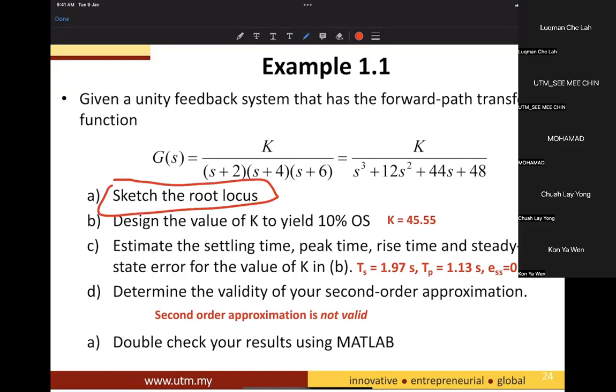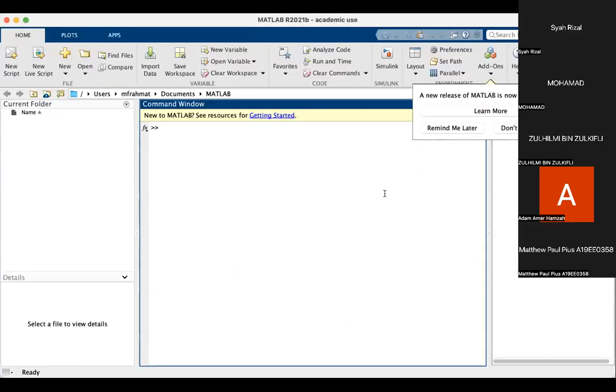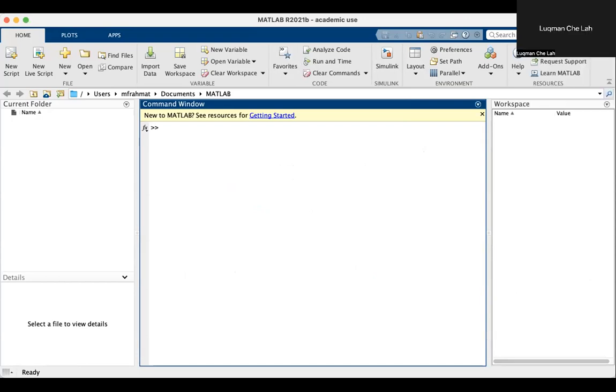Using MATLAB. So I share you the screen. Okay, can you see my MATLAB, guys? Yes. So we assume K equal to 1.